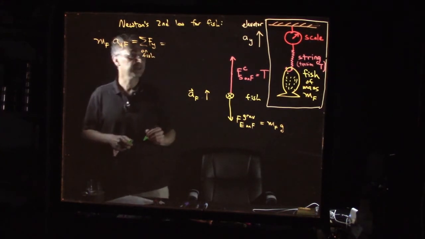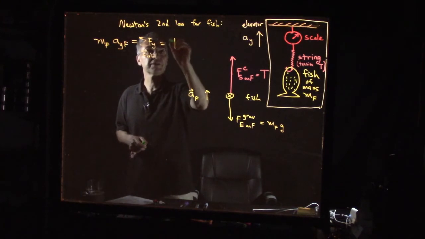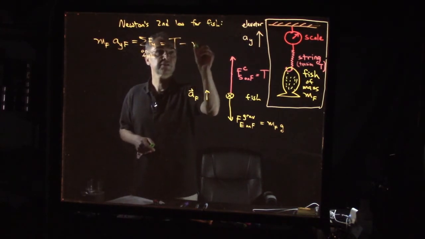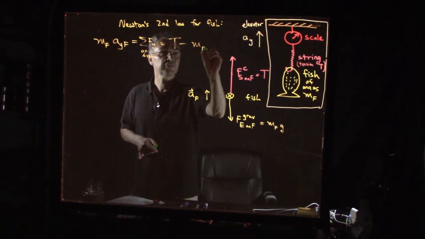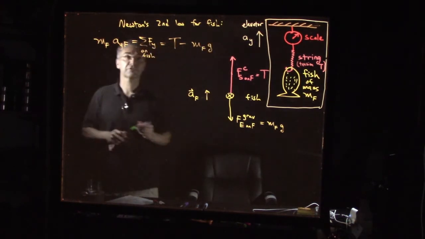So it's up minus down. That's the tension in the string minus the mass of the fish times g.